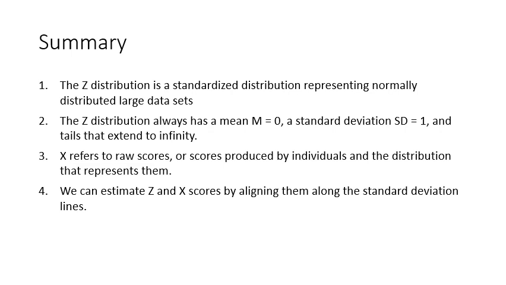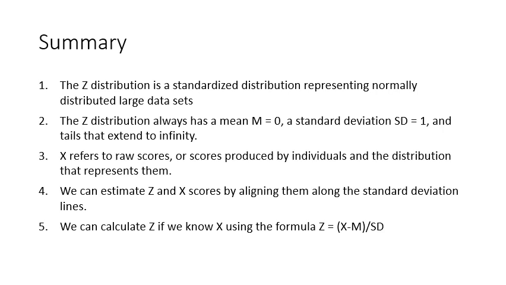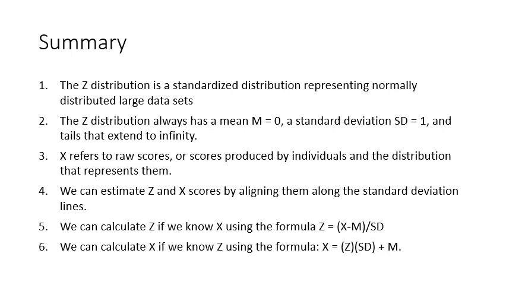We can estimate Z and X scores by aligning them along the standard deviation lines. And we can calculate Z if we know X using the formula Z equals X minus M divided by standard deviation. We can calculate X if we know Z using the formula X equals Z times standard deviation plus M.